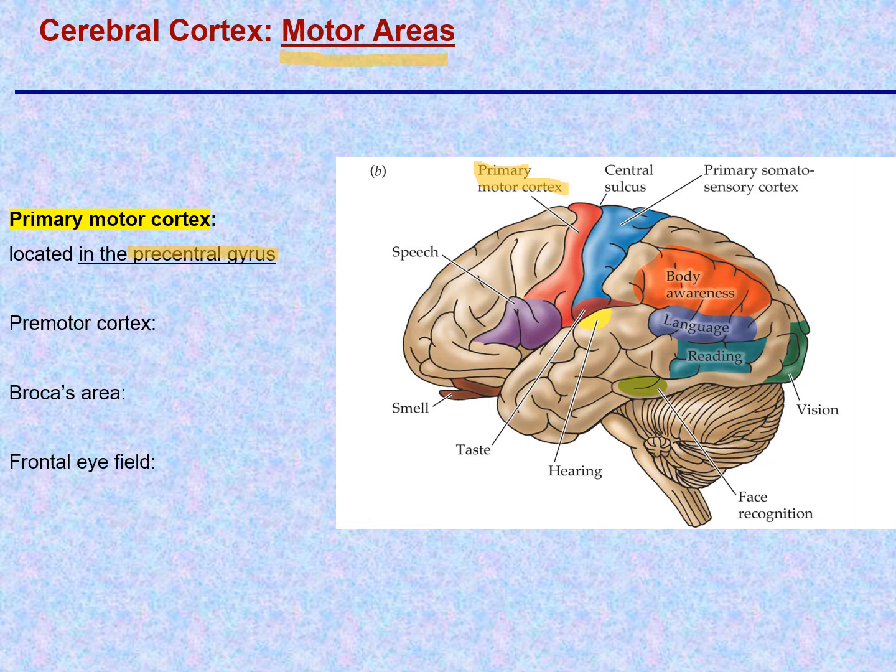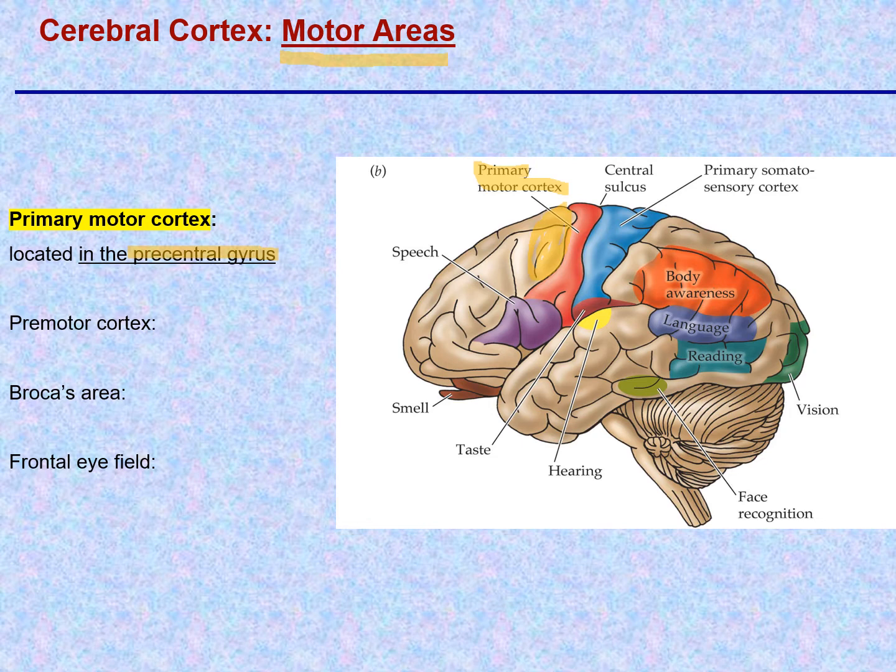So in terms of the motor areas, a major one is the primary motor cortex. And you don't need to know this, but I'm just telling you, in this area just anterior to the primary motor cortex, you have the premotor cortex.